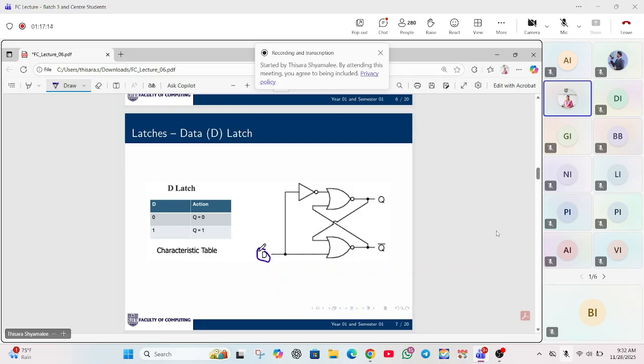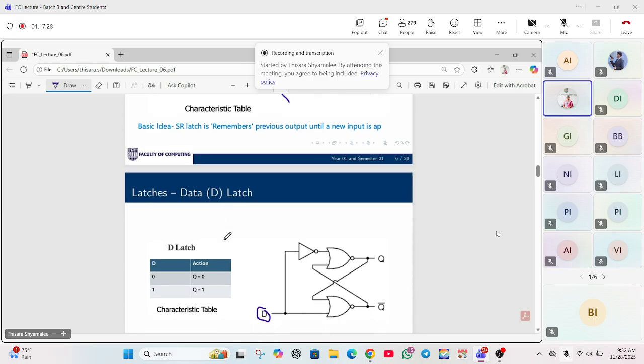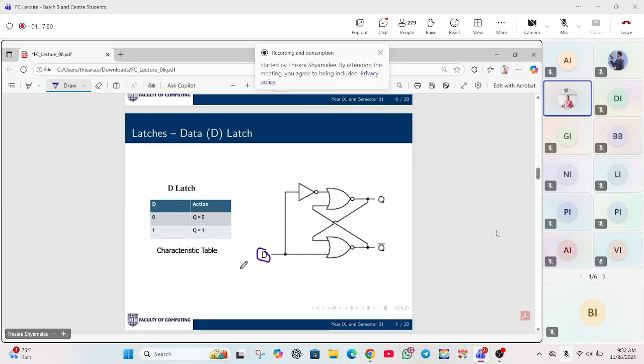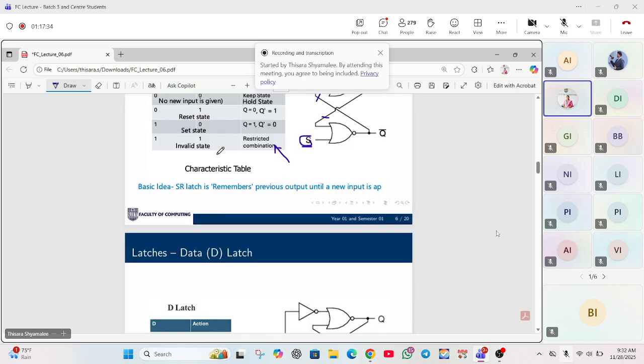That means the D latch ensures no invalid state, unlike the SR latch.